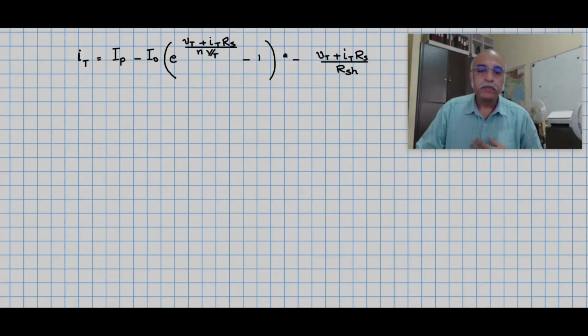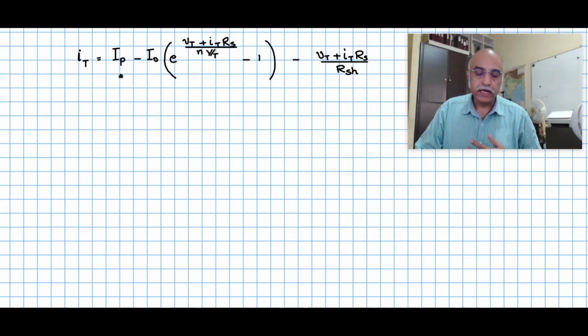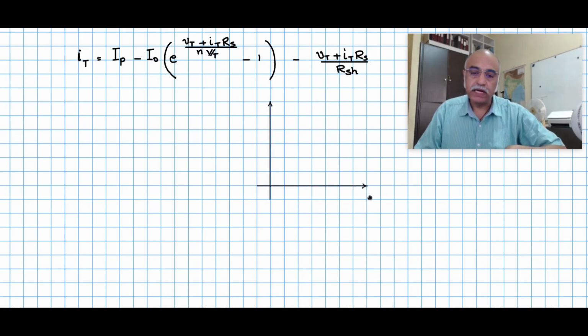Starting from the terminal current equation that we developed, which is the model of the PV cell, let us try to get some more interesting insights into the PV cell operation and its characteristics. So let me quickly draw the IV characteristics. X-axis is VT, the terminal voltage, y-axis is IT, the terminal current, and the characteristic looks like this.